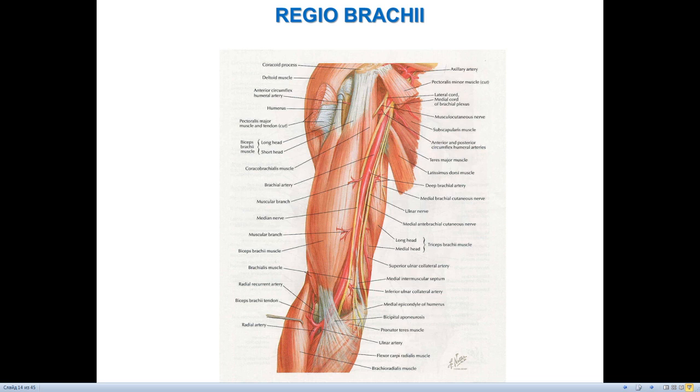In the anterior compartment rest biceps brachii muscle, coracobrachialis, and brachialis muscle. Consequently, the posterior compartment is filled by triceps brachii muscle and anconeus.